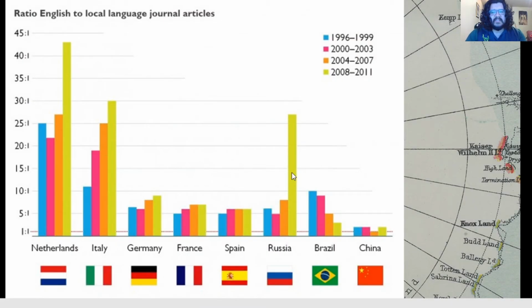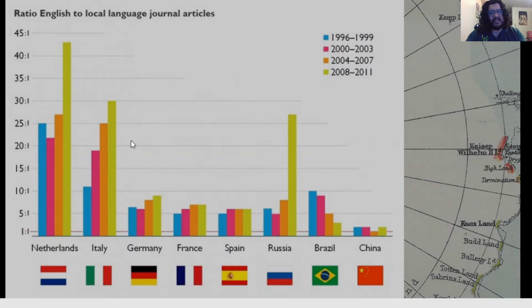In terms of journal articles, research, and science, we can see a ratio of English to local language journal articles, and we'll see that in nearly every space there are more articles published in English than in any other language, even the native, local language of that country.